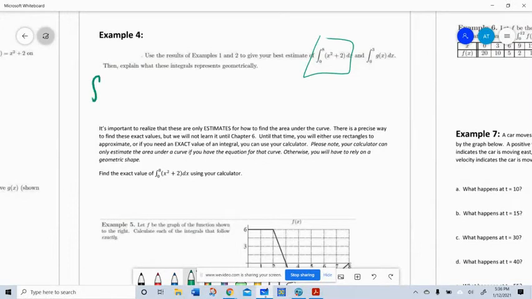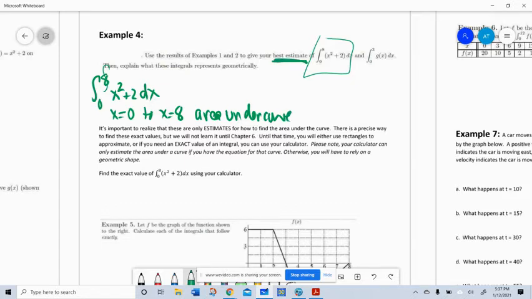So we want to compute the integral from 0 to 8 of x squared plus 2 dx. Now, what does that actually mean? Well, if we have an integral from 0 to 8, that means as x goes from 0 to x equals 8, we want to compute the area under the curve. Now, you'll notice that we are just estimating this value.